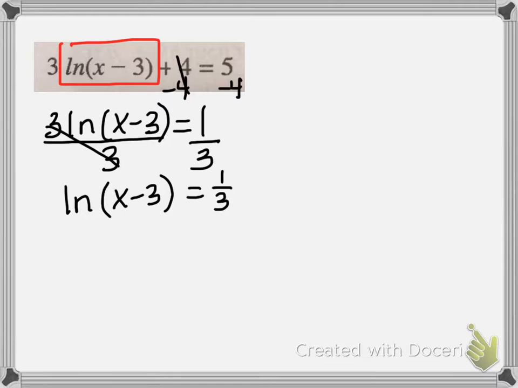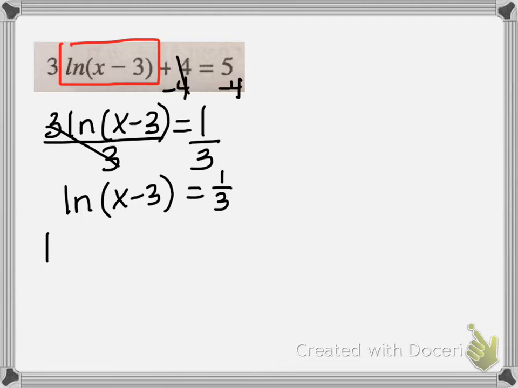Now at this point, because we only have one logarithm or natural logarithm on one side, we can't just put another natural logarithm on the other side. So in the flow map, it says, is there log on both sides? So the answer is no. So in order to solve this, we're going to have to convert this back to exponential form.